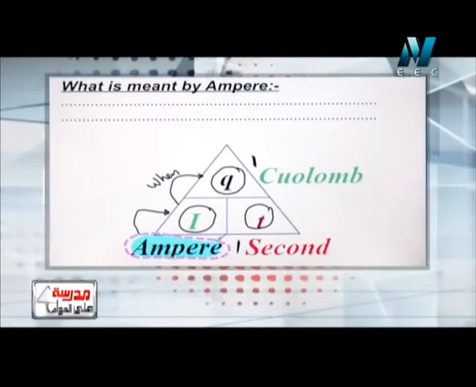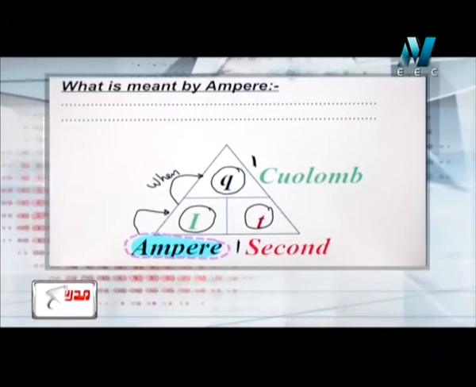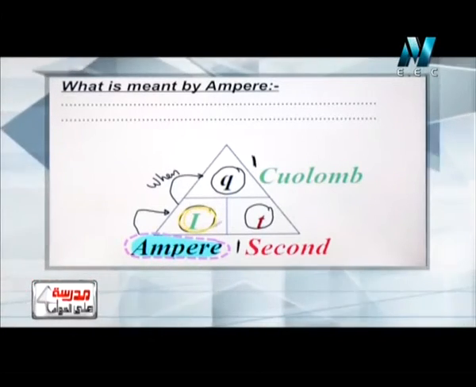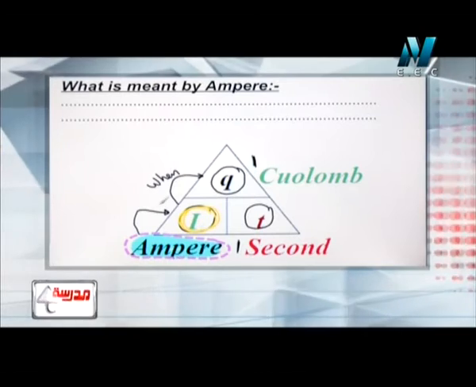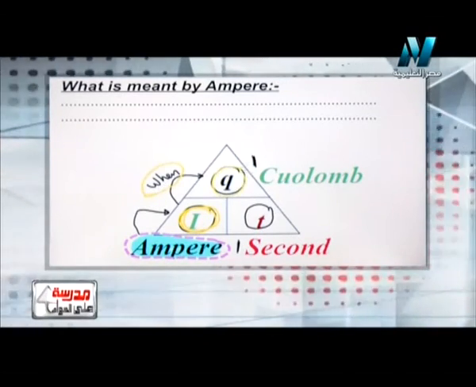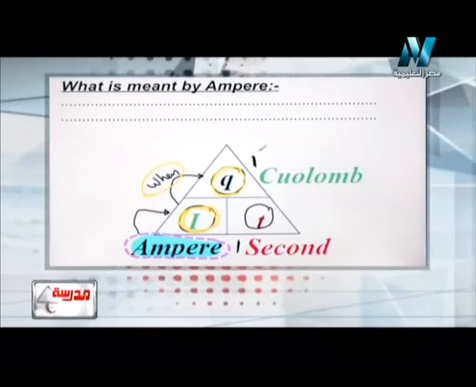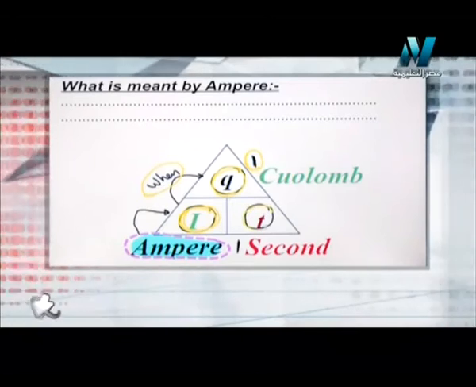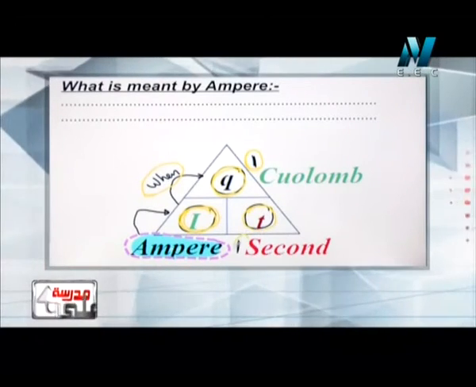Ampere, it is the electric current intensity when the quantity of charge equals 1 coulomb and time equals 1 second.